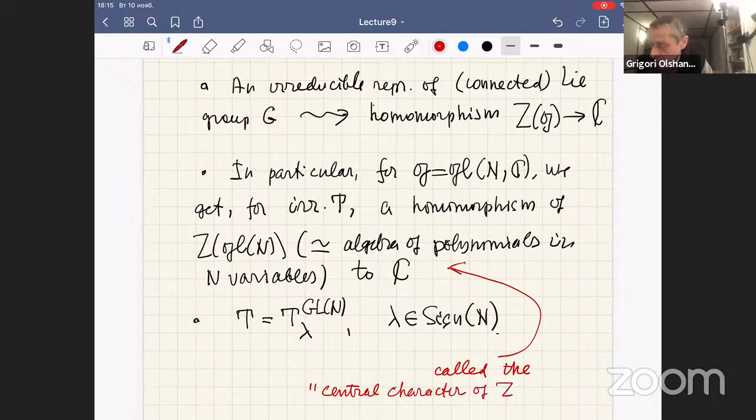Sorry, it's not called central, I forgot. It's called the infinitesimal character of the center. So we want to compute it precisely.